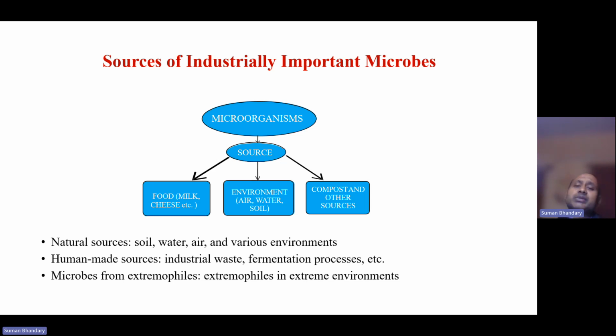Thermophilic bacteria like Thermus aquaticus, we all know that Thermus aquaticus is a rich source of the enzyme known as Taq polymerase, which is used in polymerase chain reaction. Along with that, there are some halophilic archaebacteria that are studied for their enzymes, which have industrial applications.